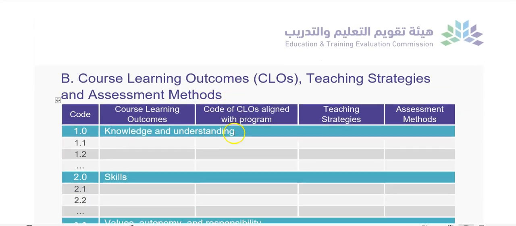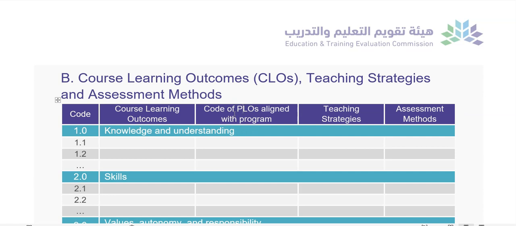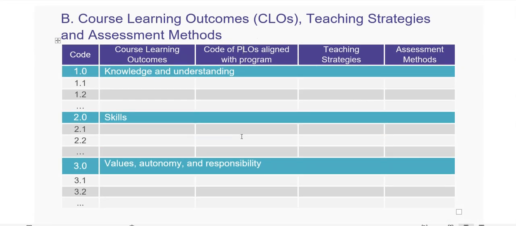This is a mistake here. It is not a CLO, it is PLO, because you are connecting the course outcomes with the PLO code from the program. And you have here teaching strategy and assessment method. So let's start with knowledge.